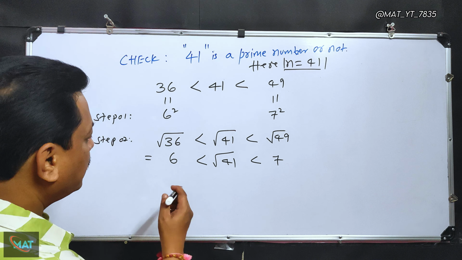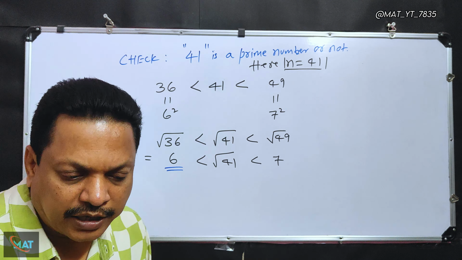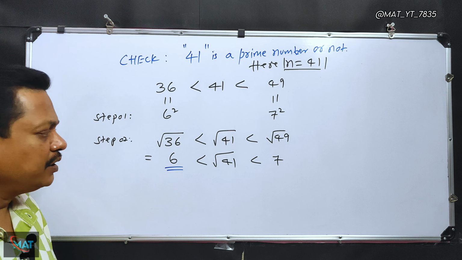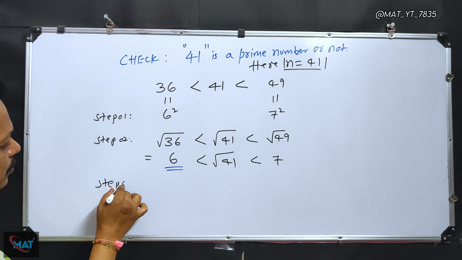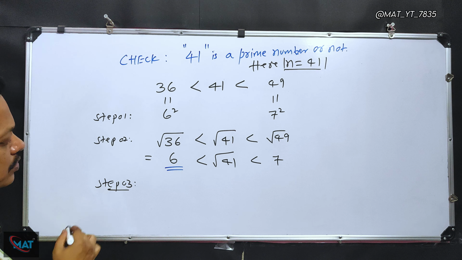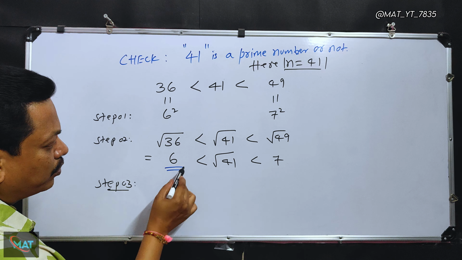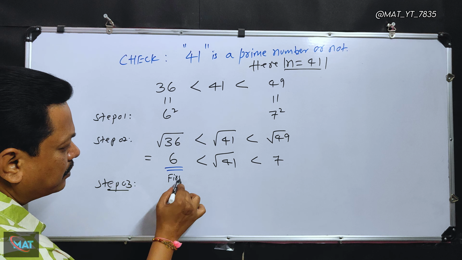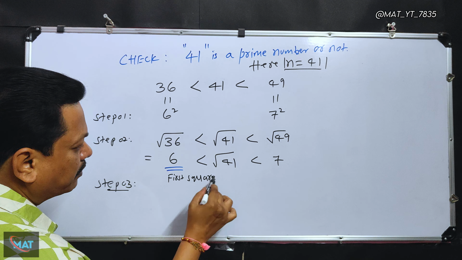In the third step, check the first number. Clearly it is a composite number, not a prime number. So in step 3, we have to list out all primes less than or equal to the first square root number.